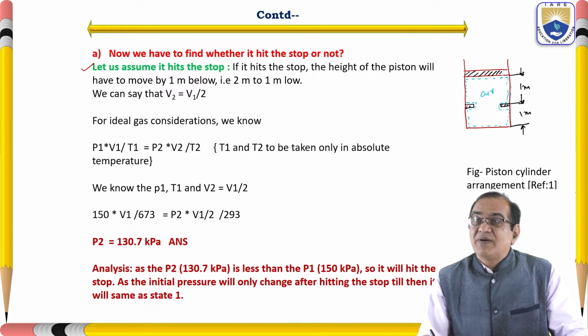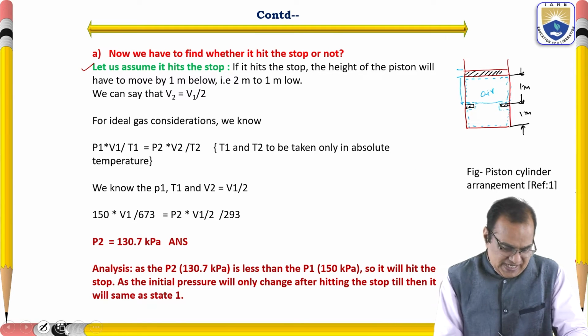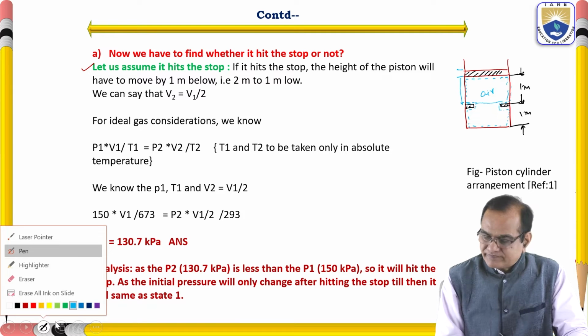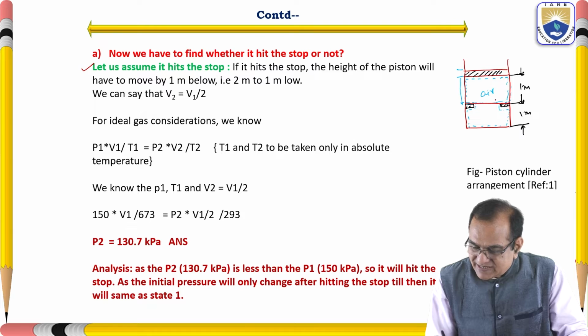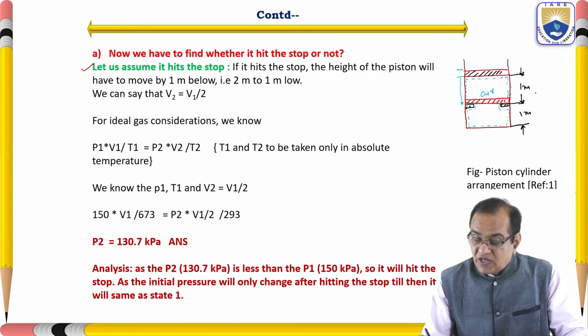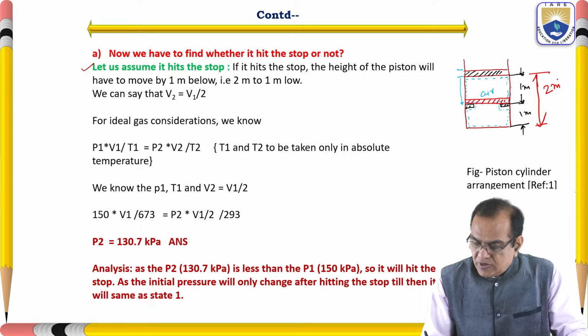For the heating of this, this point has to move from here to here, and here I am drawing the new position. It is hitting means here. So the volume up to here is 2 meter cube, the height, and here it is only 1 meter.